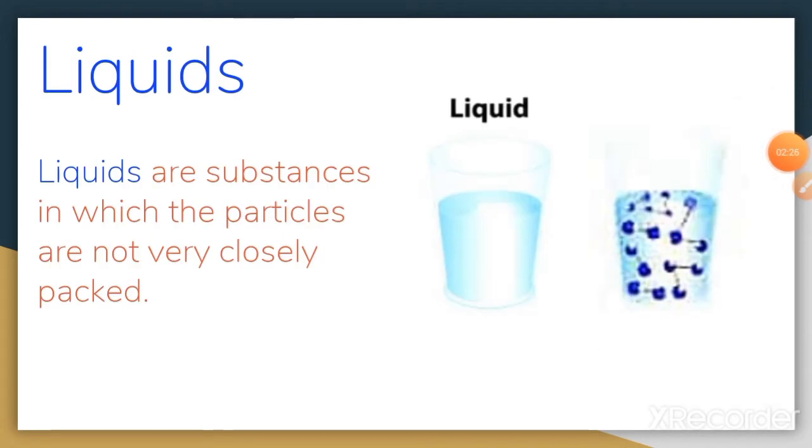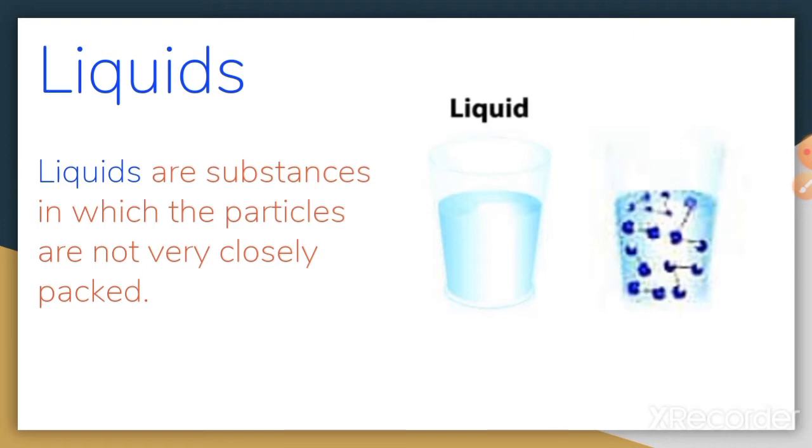The second state of matter is liquid. Liquids are substances in which the particles are not very closely packed. Unlike solids, they have no fixed shape and can flow from one place to another. They can even take the shape of the container they are poured into.